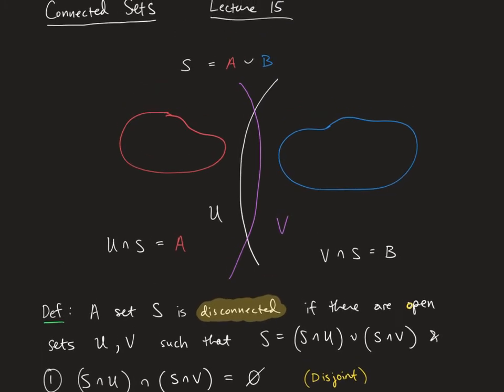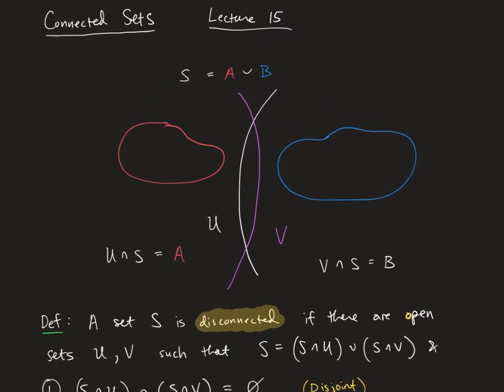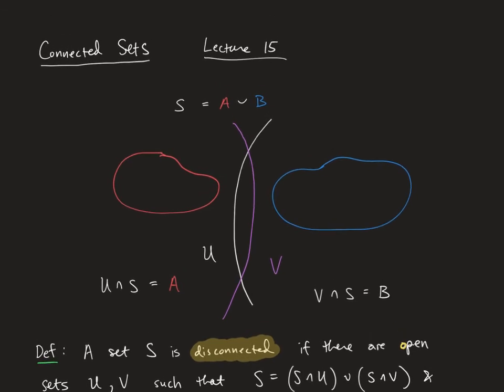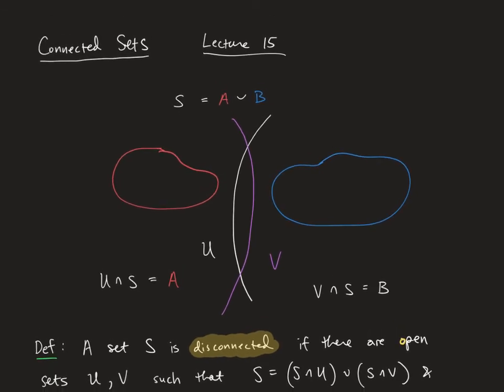This is the way I learned the material, and it's the way I still think about it. I find this a more intuitive way of thinking about the concept of disconnected, but I would like to make the connection with the way the book discusses the situation.